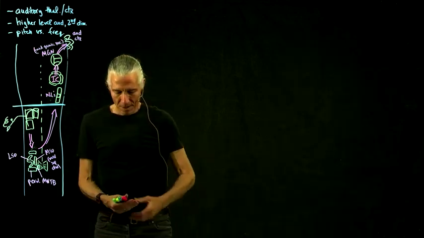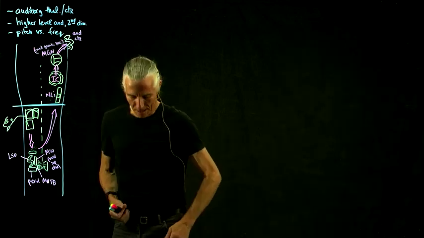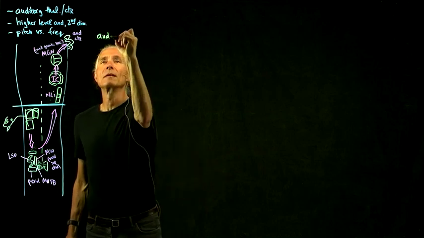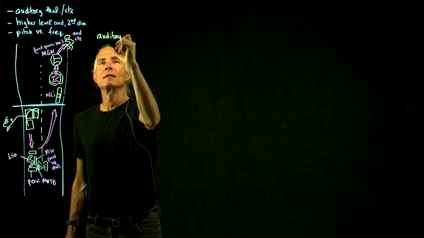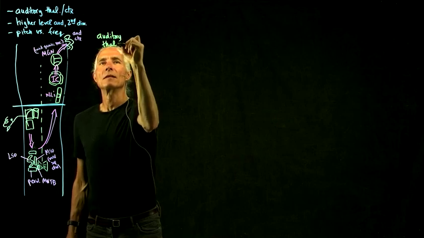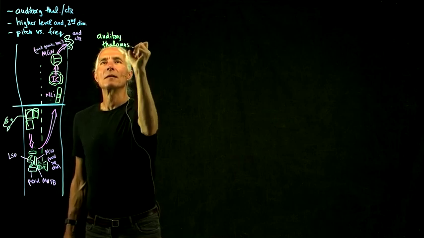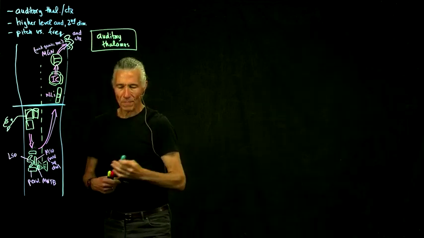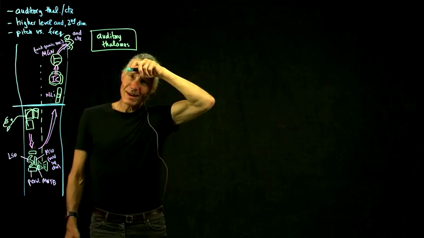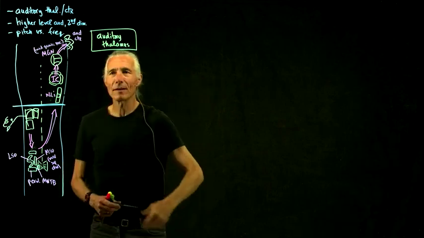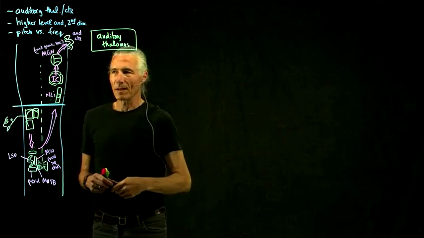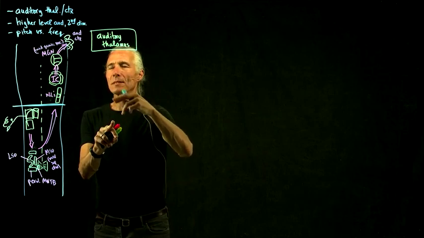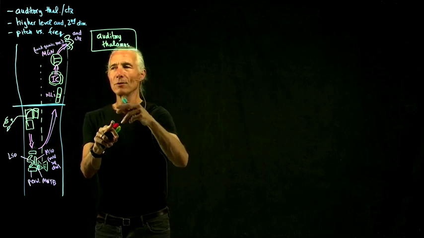So if we start off in the auditory thalamus, what does that look like? If you remember back in the day, seems like such a long time ago, when we were talking about the development of the thalamus, it starts off as four little bumps on the neural tube.